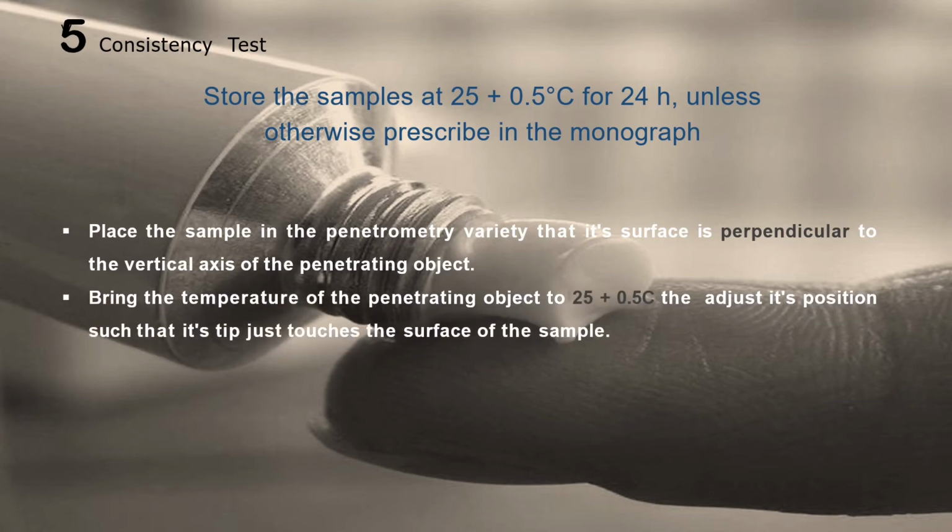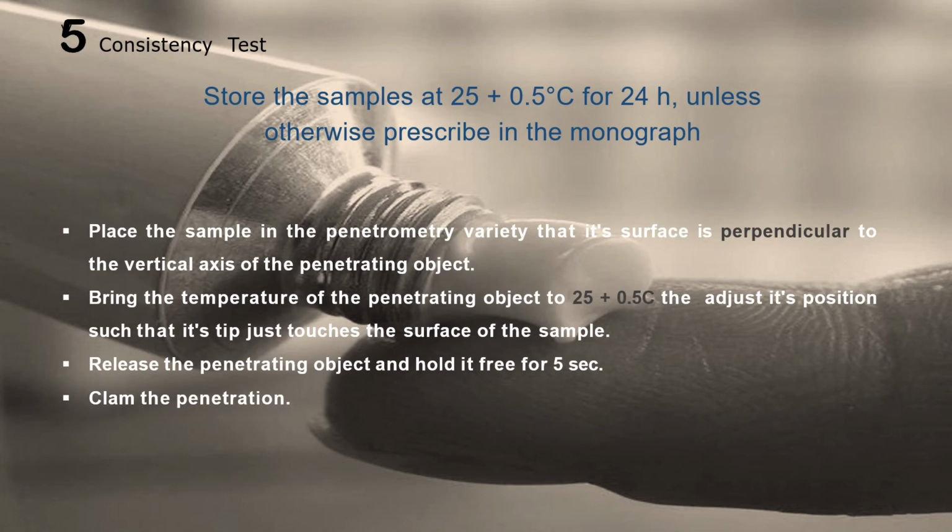Bring the temperature of the penetrating object to 25 plus or minus 0.5 Celsius. Then adjust its position such that its tip just touches the surface of the sample. Release the penetrating object and hold it free for 5 seconds. Clamp the penetrator. Repeat the test with the 2 remaining containers.